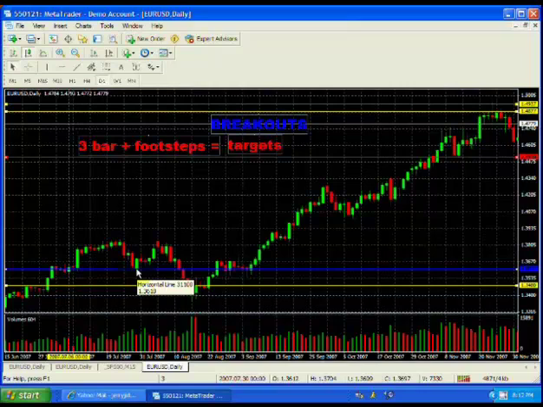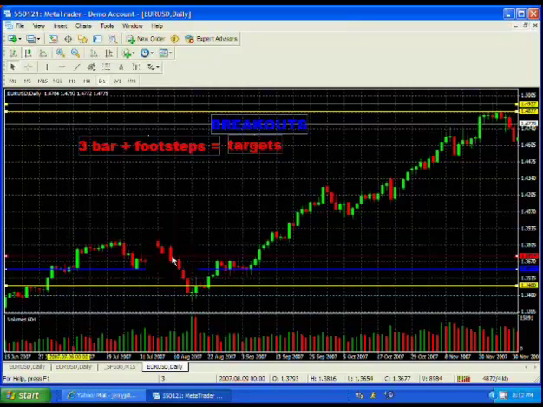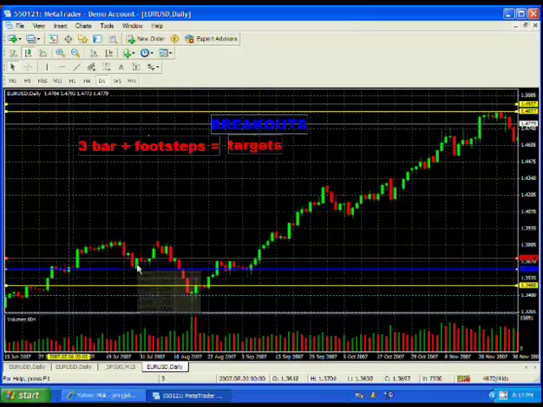But also we want to consider that this green bar occurs within the range of this green bar, and like we talked about before in the footsteps video, we want to consider this green bar as a part of the range of mother, and also this green bar. So these 2 green bars are combined as one with this green bar.